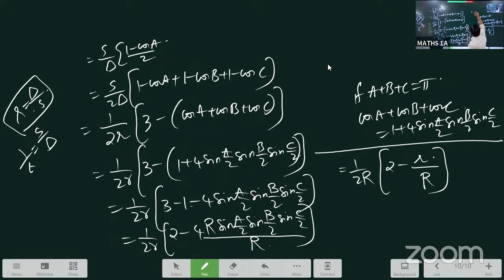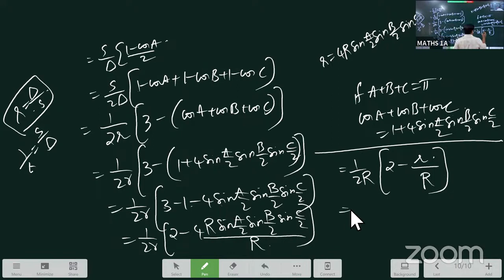I'm writing the formula here: small r is 4R sin A/2 sin B/2 sin C/2. So r was missing here, in this place, so I multiplied and divided with R.